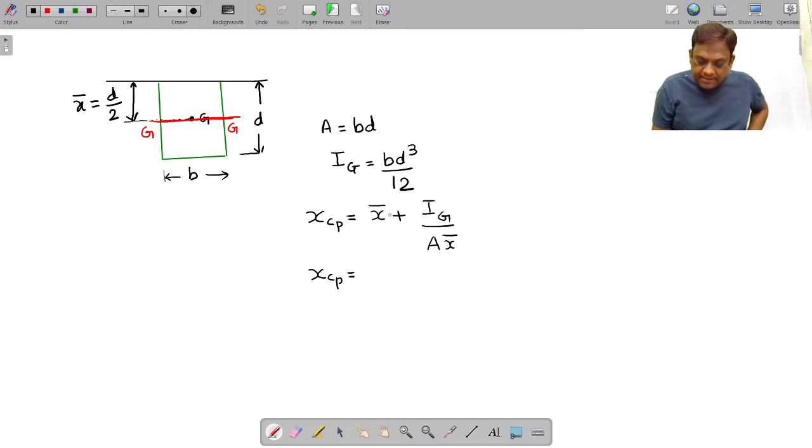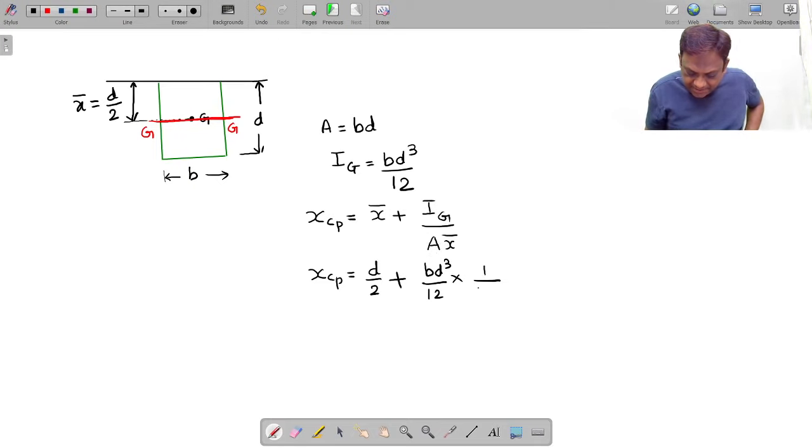X bar is D by 2. Ig is B D cube by 12, divided by the area.